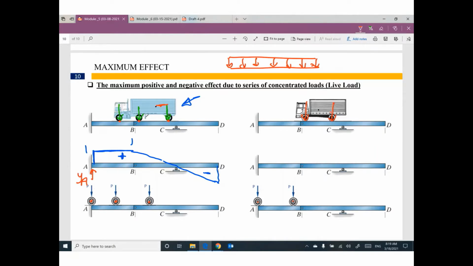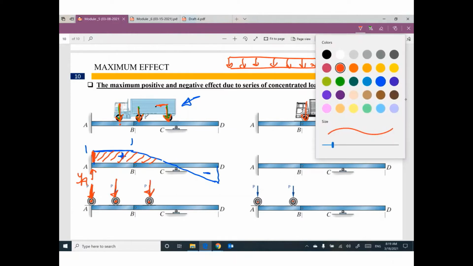We need to make sure that this concentrated load and this concentrated load and this concentrated load are on the positive diagram. The second part, I need this concentrated load at the maximum value of the diagram. So I will put the first concentrated load here, the second one will be here, the third one will be there.